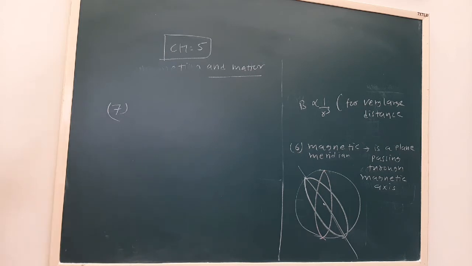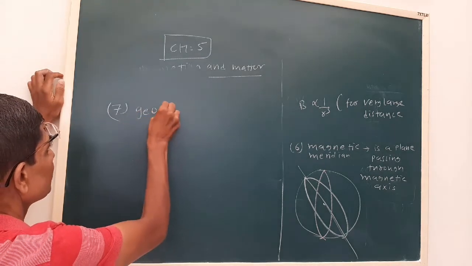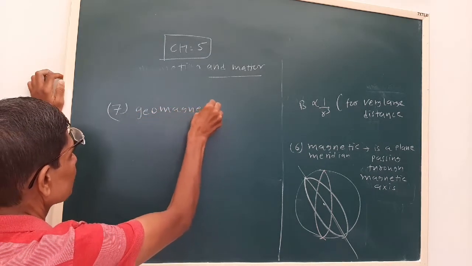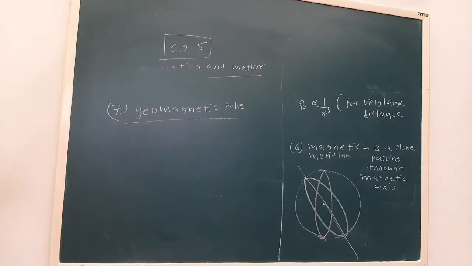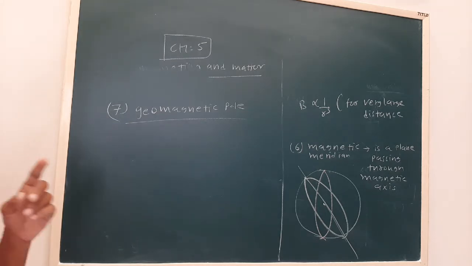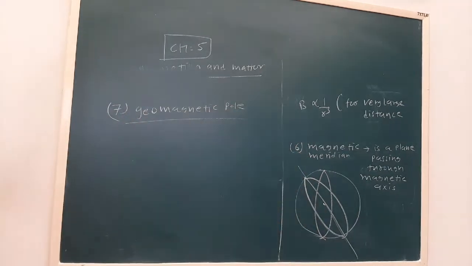Now see, a geomagnetic pole. Here at a geomagnetic pole, a magnetic needle is kept to oscillate in a horizontal plane. Now see, this is our geomagnetic pole.